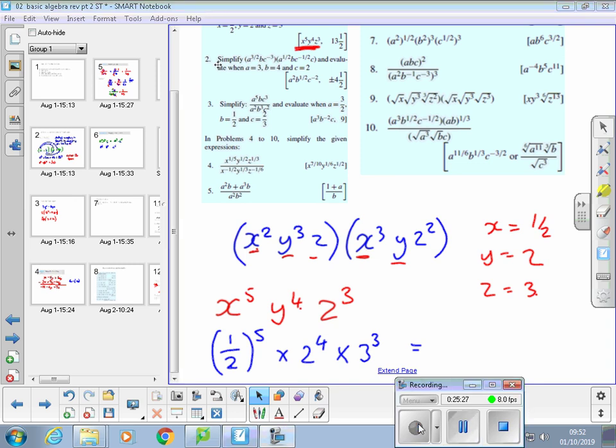Y is the answer to number 2 plus or minus 4.5. Anyone know?